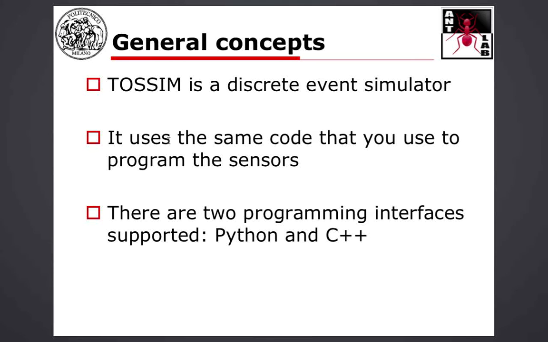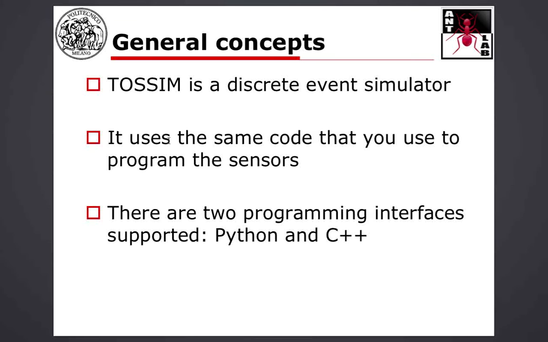Now TOSSIM, like many other simulators, is a discrete event simulator, meaning that time in the simulation is discrete. So the flow of time is not continuous like in real life, but discrete, okay? The nice feature is that it uses the same code that you use to program the sensors.